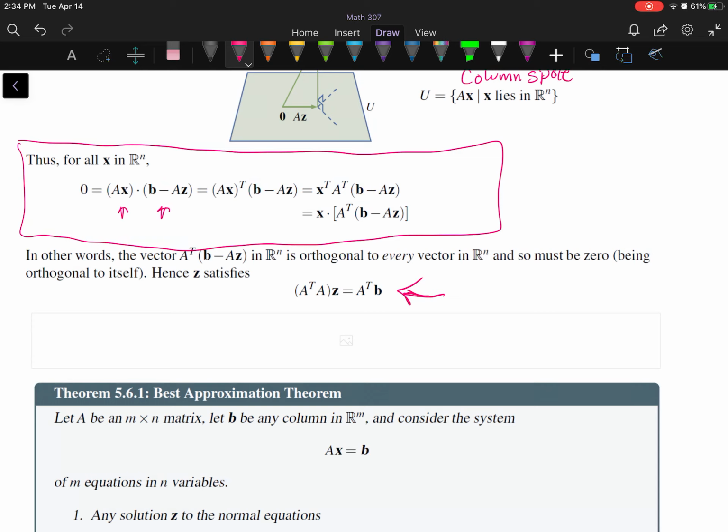Okay, that just says that I'm going to write over top of it that these are called the normal equations, since this vector is orthogonal to every vector in the column space.